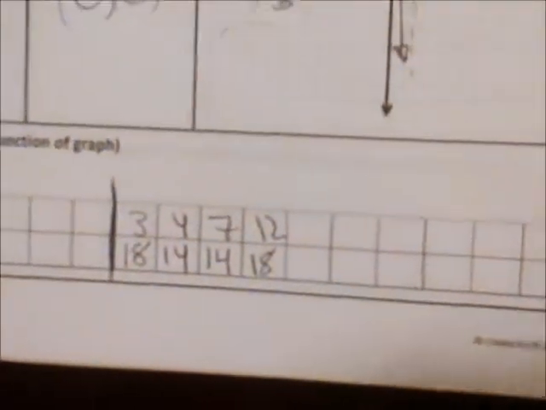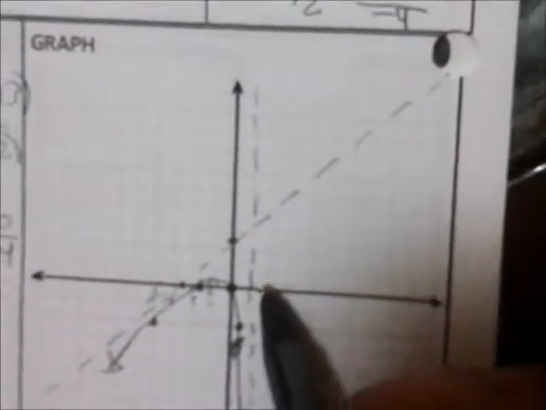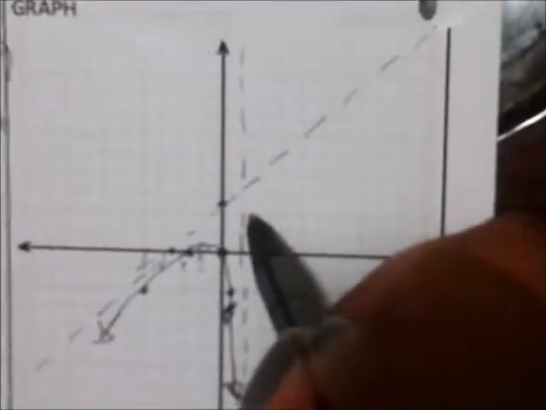Okay, now we're going to put our calculators aside and go back to our graph. So we're going to go to 3 and go up 18. So 2, 4, 6, 8, 10, 12, 14, 16, 18.